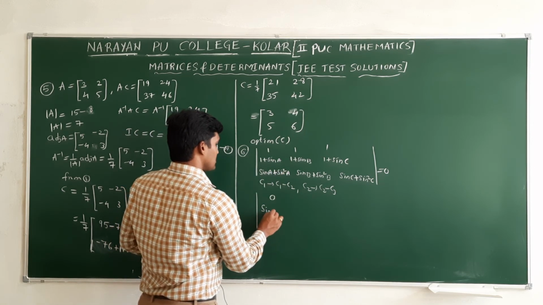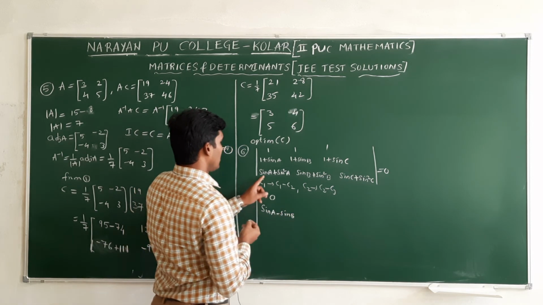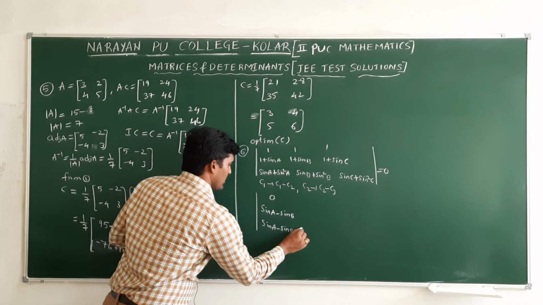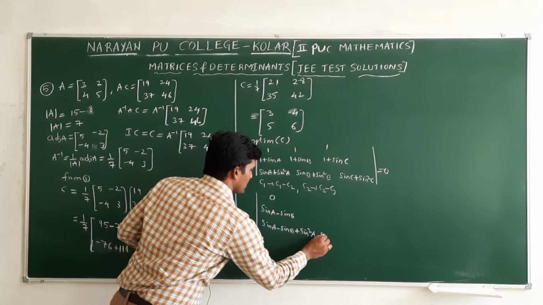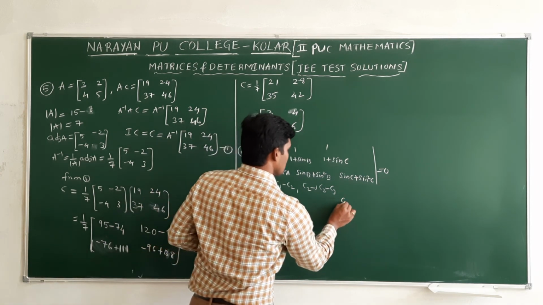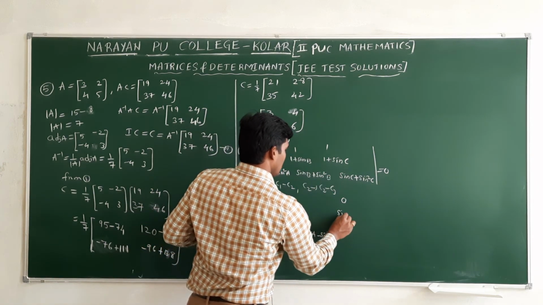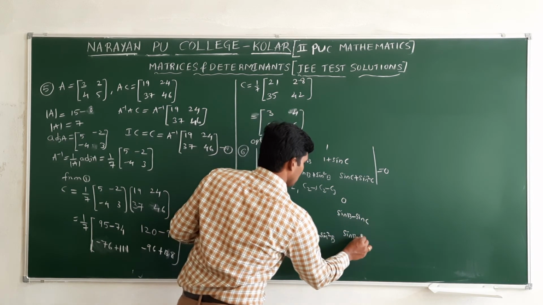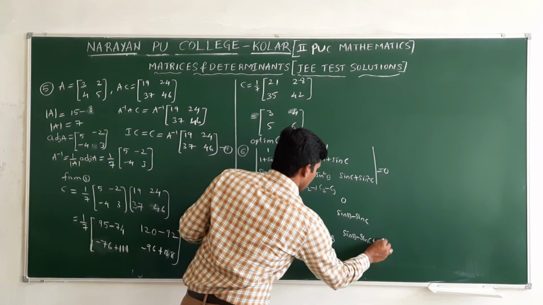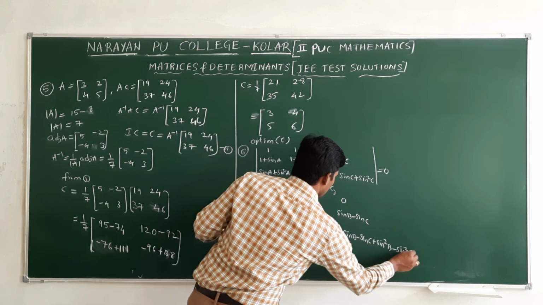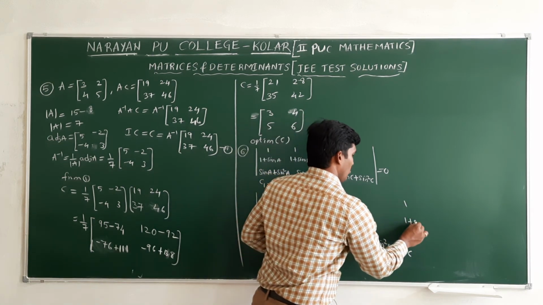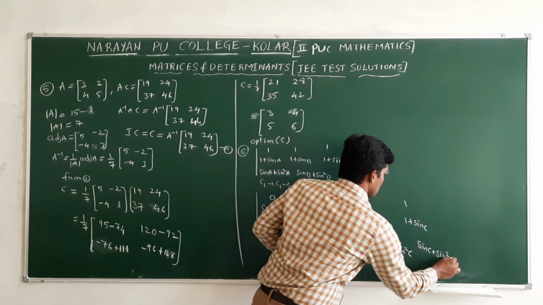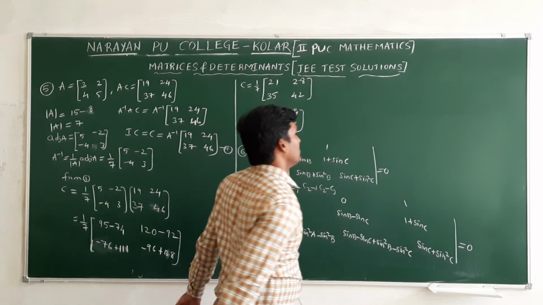Here we will get sin A minus sin B, plus sin square A minus sin square B. Second column 0, 1 minus 1, 0, sin B minus sin C, plus sin square B minus sin square C. Last column 1, 1 plus sin C, sin C plus sin square C equal to 0.